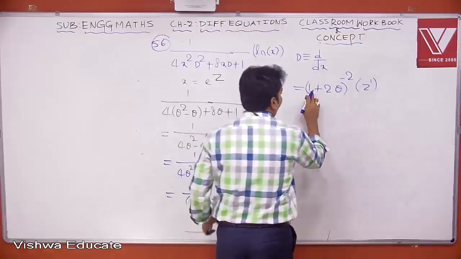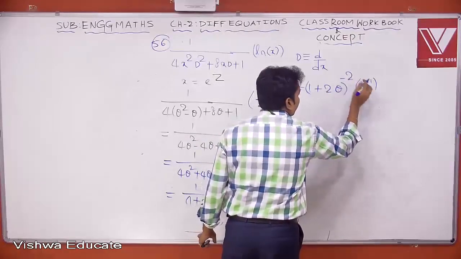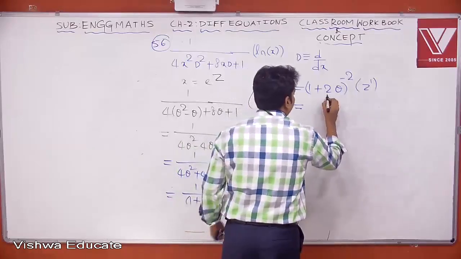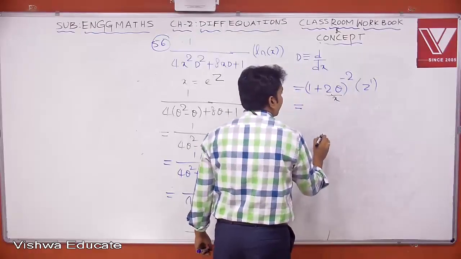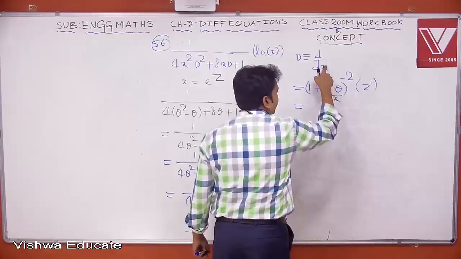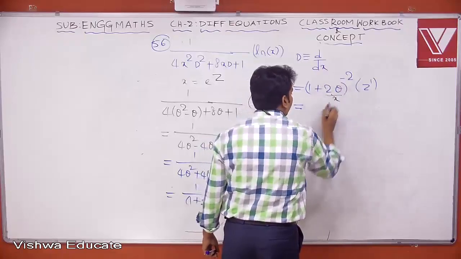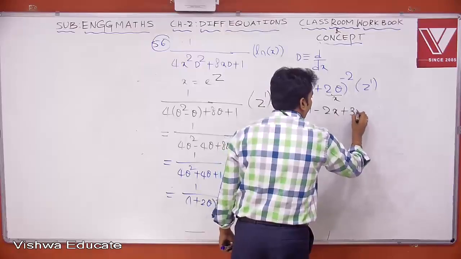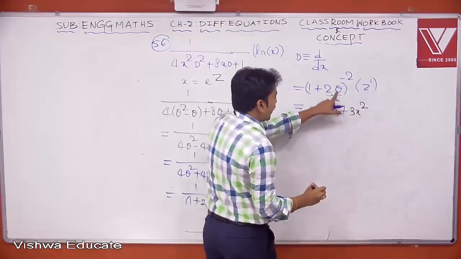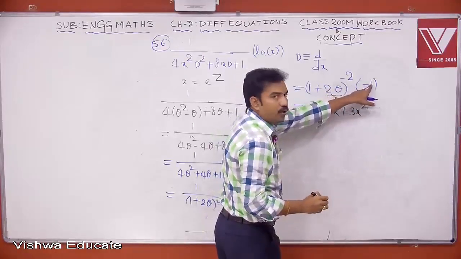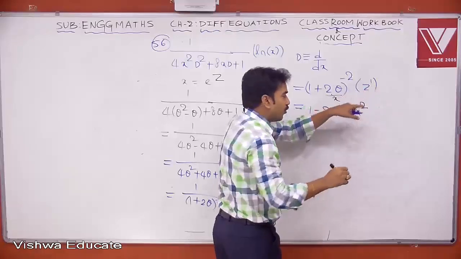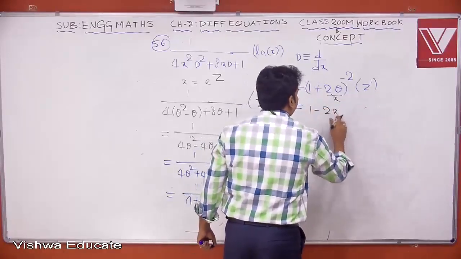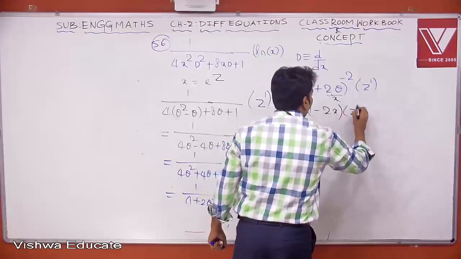Now you can see this is in the form (1 + x)^(−2), but here the power is 1, so I can write like this. Let this be x, but don't confuse this x with the earlier one. So (1 + x)^(−2) is 1 − 2x. I don't write plus 3x², because θ² of z^1 is 0. Therefore I write the terms up to this: (1 − 2x) of z^1.